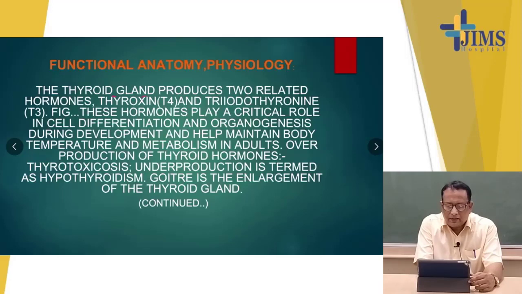produces two related hormones. One is thyroxine or T4 and the other is triiodothyronine or T3. So the thyroid gland produces two important hormones, thyroxine, T4, and to a lesser extent triiodothyronine.